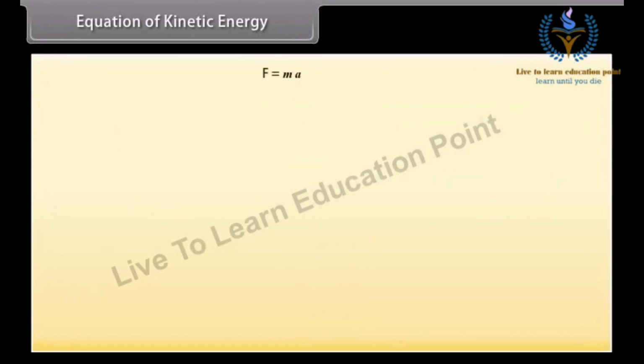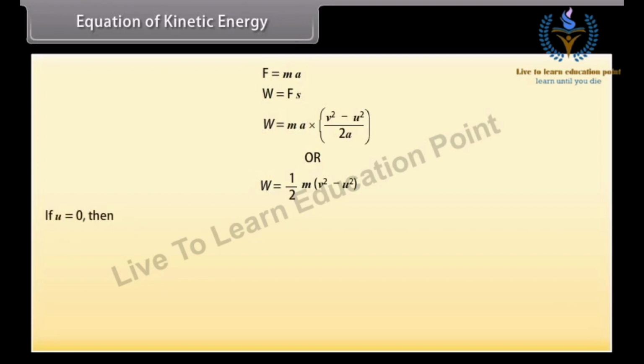We know that F is equal to ma, so by using the values of F and s in the equation of work, we get W is equal to ma into v square minus u square whole upon 2a. Or we can write it as W is equal to 1 upon 2 into m into v square minus u square. If the object is starting from its stationary position, that is u is equal to 0, then the work done W is equal to 1 upon 2 into mv square.